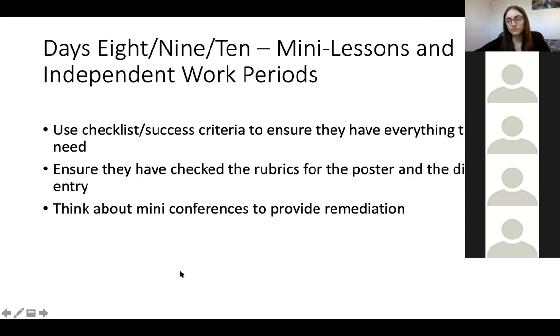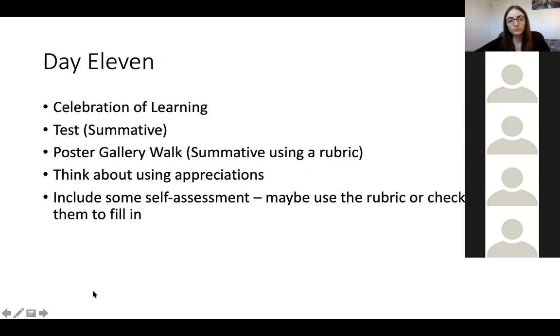And as I said, you can use this time to have mini conferences to provide any remediation that needs to happen. If you didn't have any remediation that needed to happen, then I might just be inclined to go around and use that time to talk to the kids, to conference with the kids about what they know and what they don't know. And then day 11 is the last day of our unit.